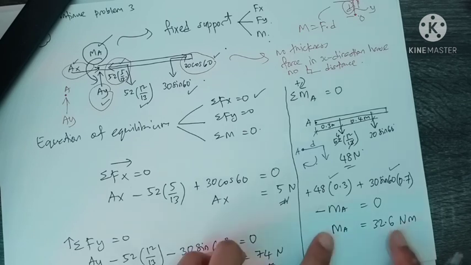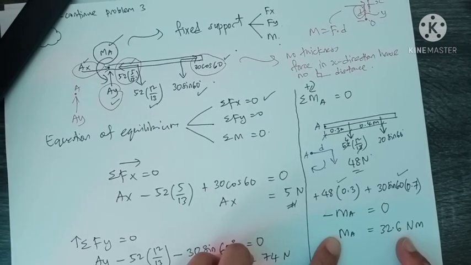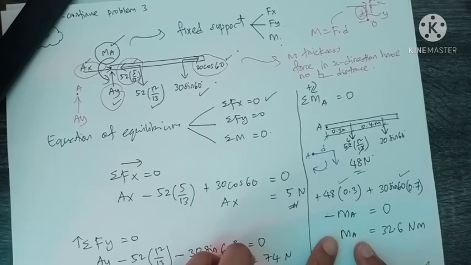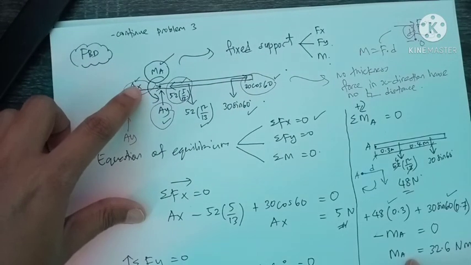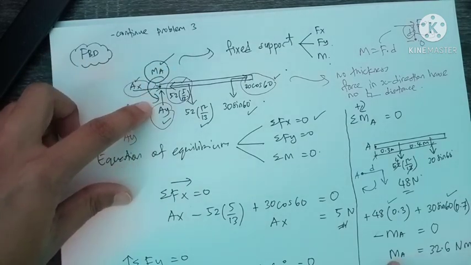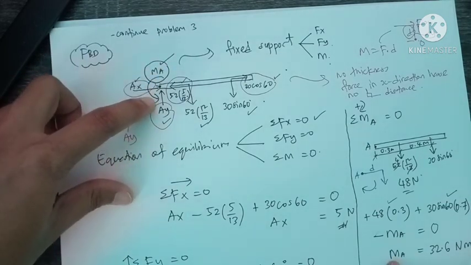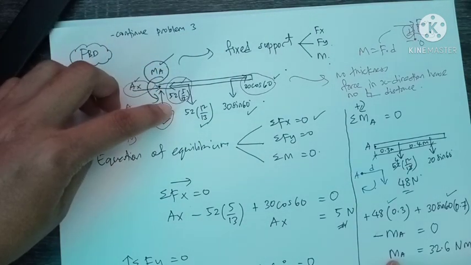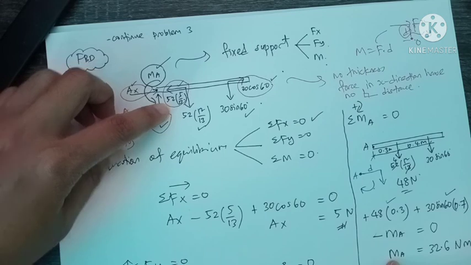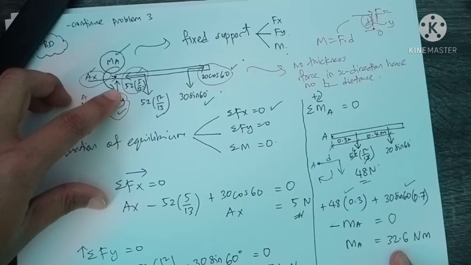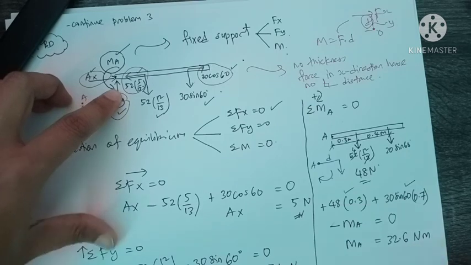The positive answer means that your assumption of the direction of this MA on your FBD is correct. So the moment A provided by the fixed support reacts in the counterclockwise direction with a value of 32.6 Newton meter. Okay, that's all.